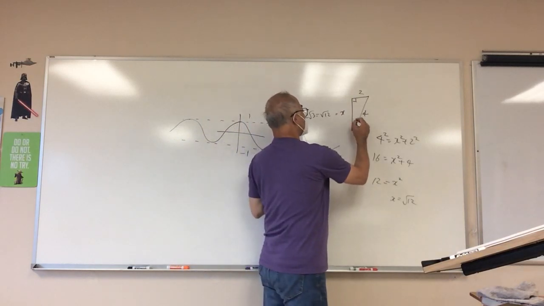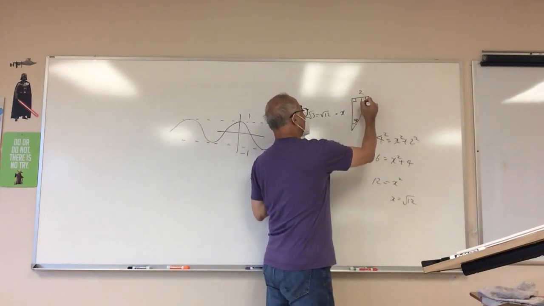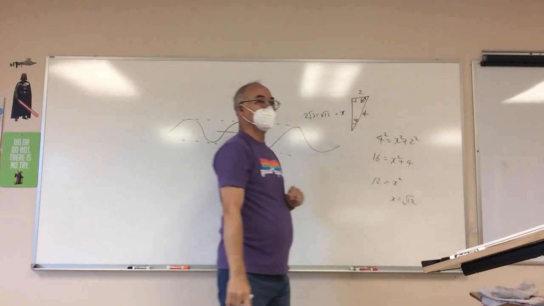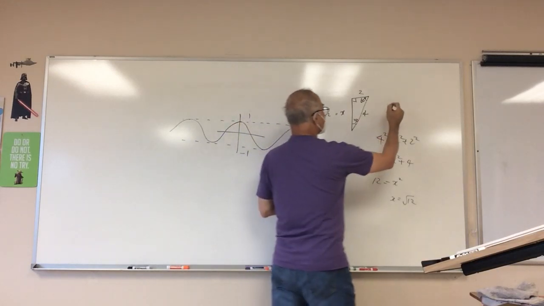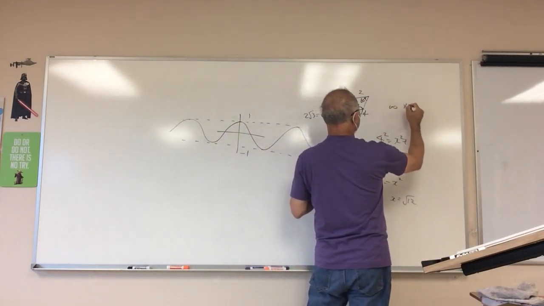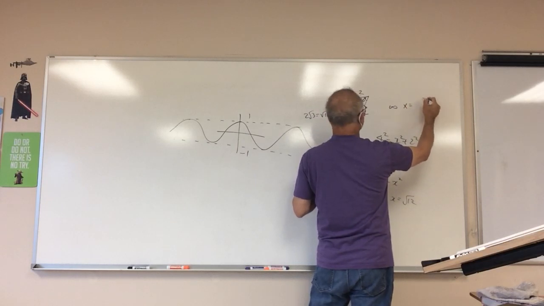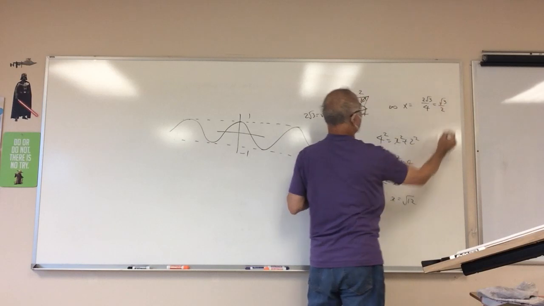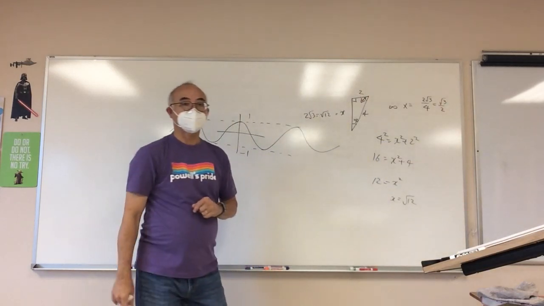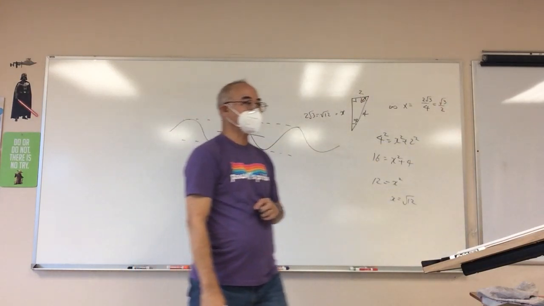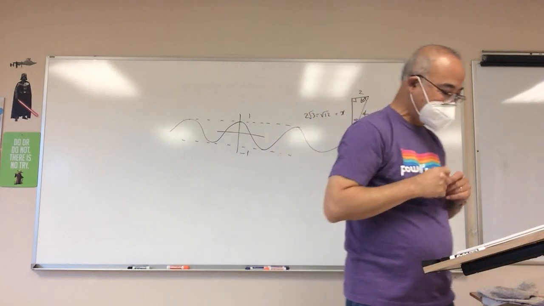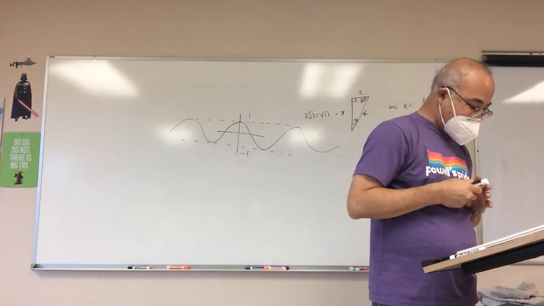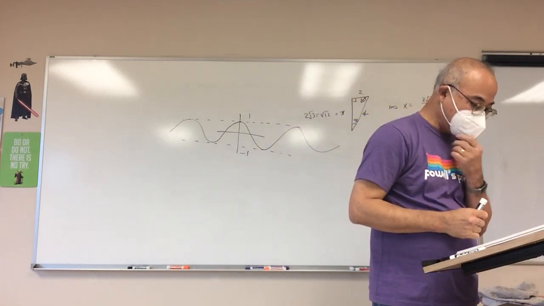Which means that this is a special triangle, right? The cosine value of x is going to be equal to, okay, so that's that.